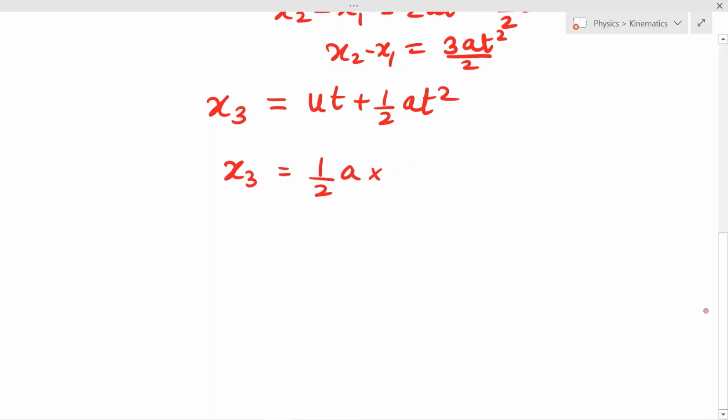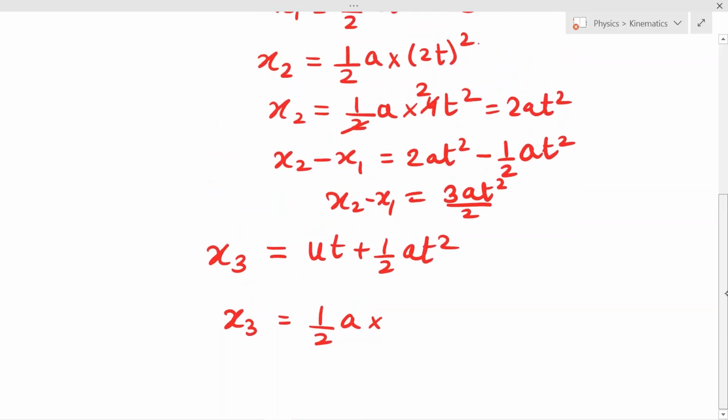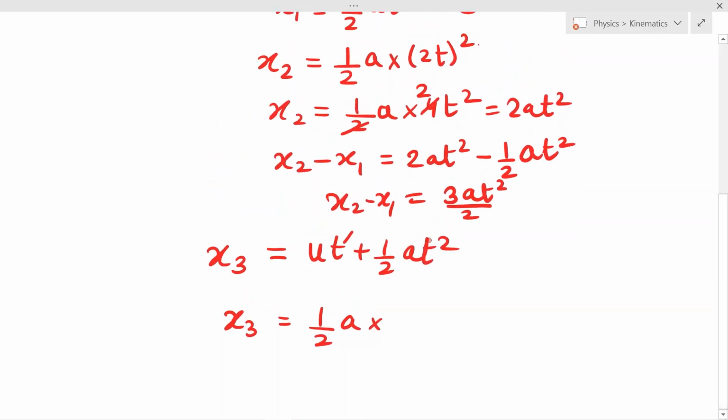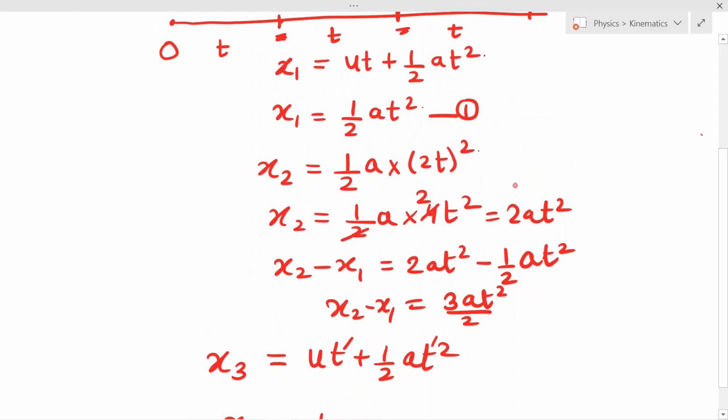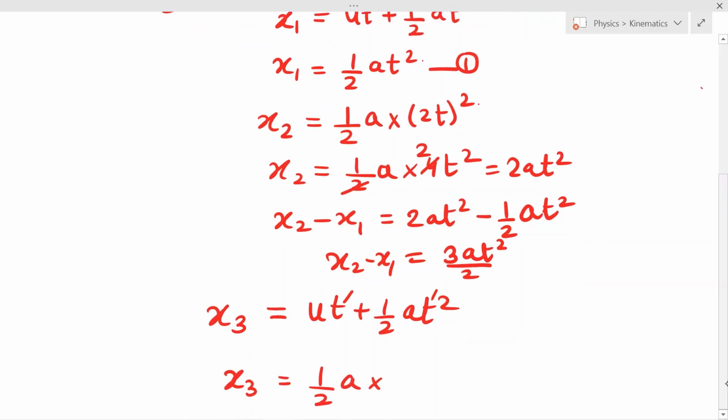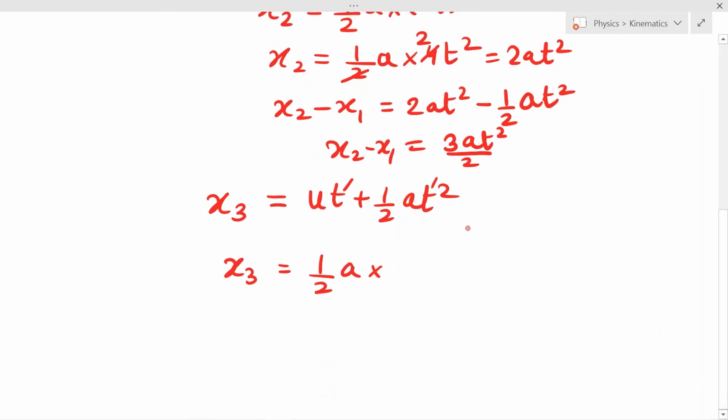So what is time now? Okay, let me take t dash over here, otherwise it is confusing. Yes, I have taken directly 2t over here, so it's okay. x3 will be half of a into t dash whole square.